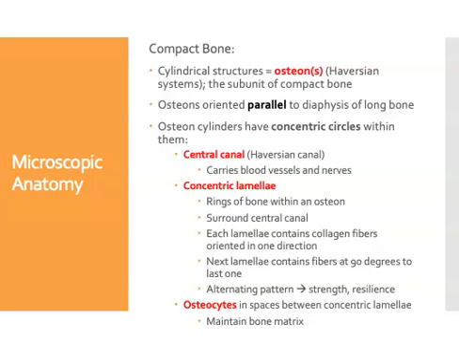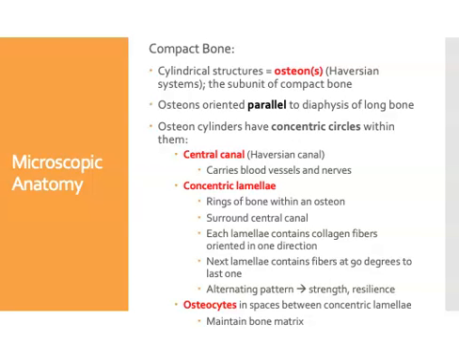Each of the lamella or lamellae in an osteon contains collagen fibers that are all oriented in one direction. And then the next lamella, the next layer, will have collagen fibers that are oriented at 90 degrees. In that way, the collagen fibers end up sort of crisscrossed from lamella to lamella to lamella, and that increases the strength of the bone.